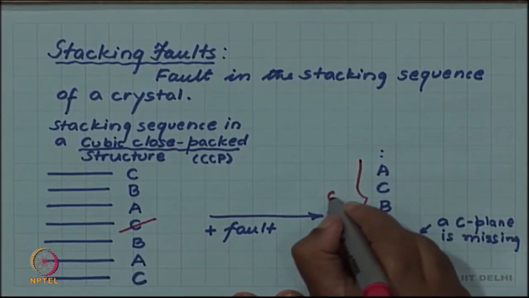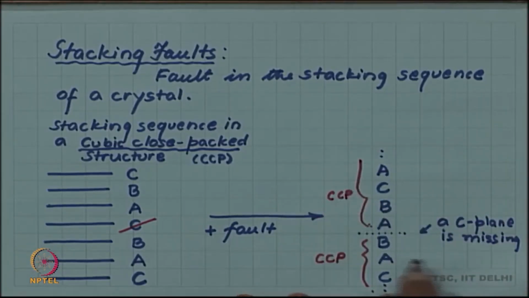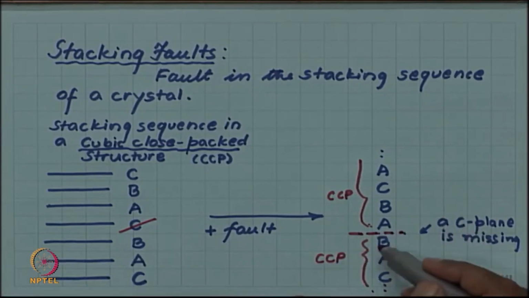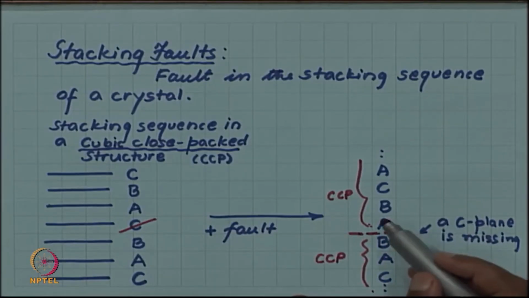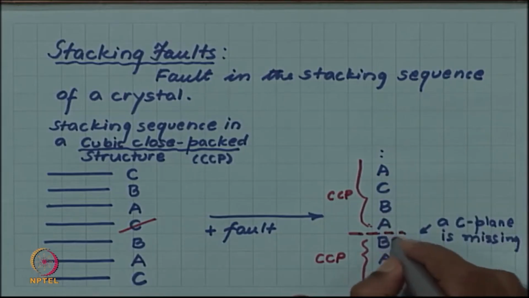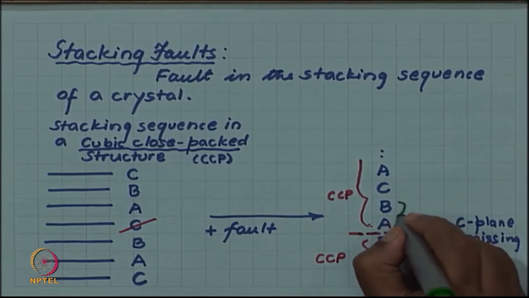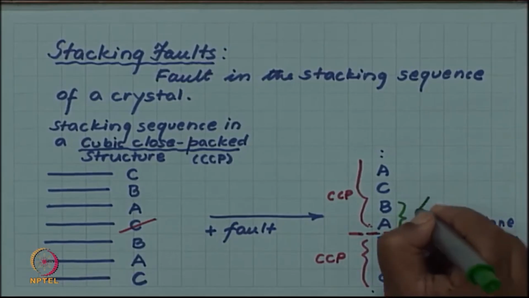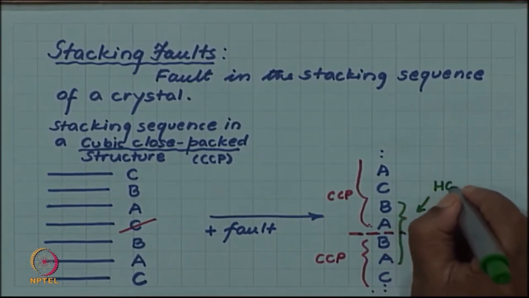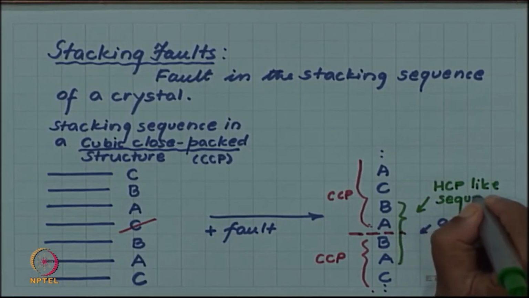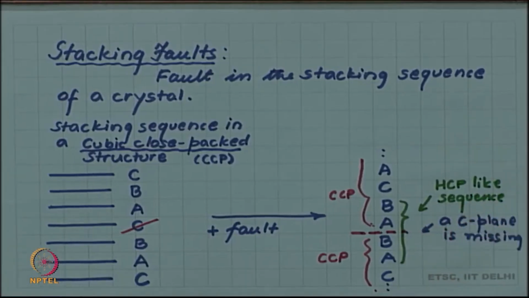So, this also is a perfect CCP, but somehow at this plane, if I make a transition CAB, then I was expecting C, that is not there, and then ABC, ABC. So, if I cross this plane, which is the fault plane, the sequence is not what I was expecting it to be. And in fact, if you locally see, the sequence is AB AB. So, it is like an HCP like sequence near the fault plane.